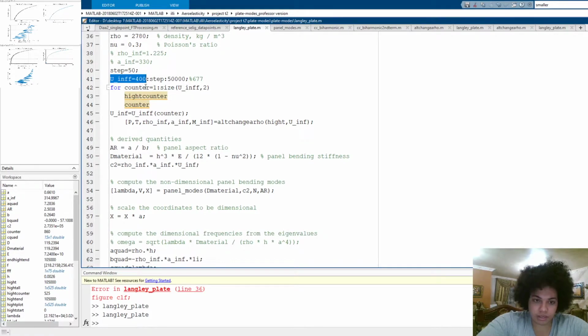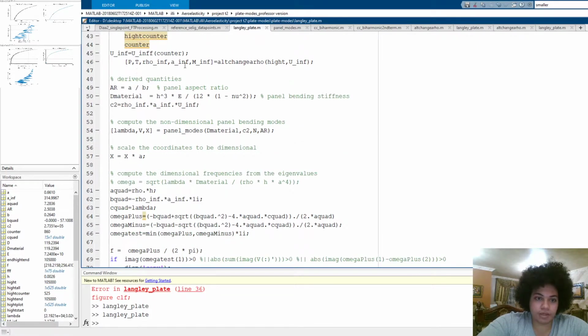If it is a velocity that we require, the flutter velocity, then we truncate or break the loop, and if not, we continue to scan the whole velocity range. We begin by getting the flow properties; I'll explain this function later. It's dependent on the altitude, but we add the panel properties, which is D material, and the C2 is a coefficient of the first order spatial term.